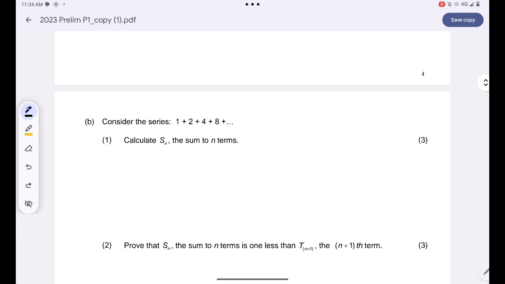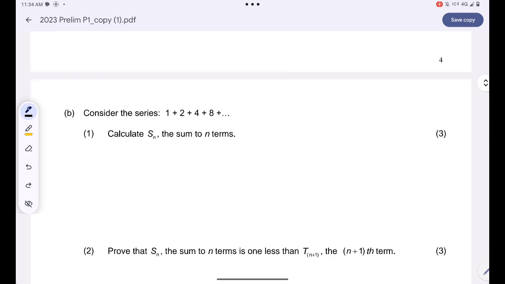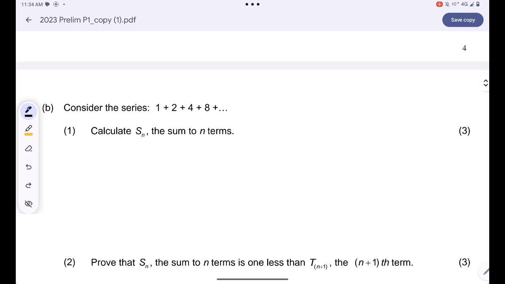Okay, and then now I'm told to consider the series over there. I'm supposed to calculate Sn, which is the sum of n terms. This type of series, guys, is a geometric series. How do I know that?